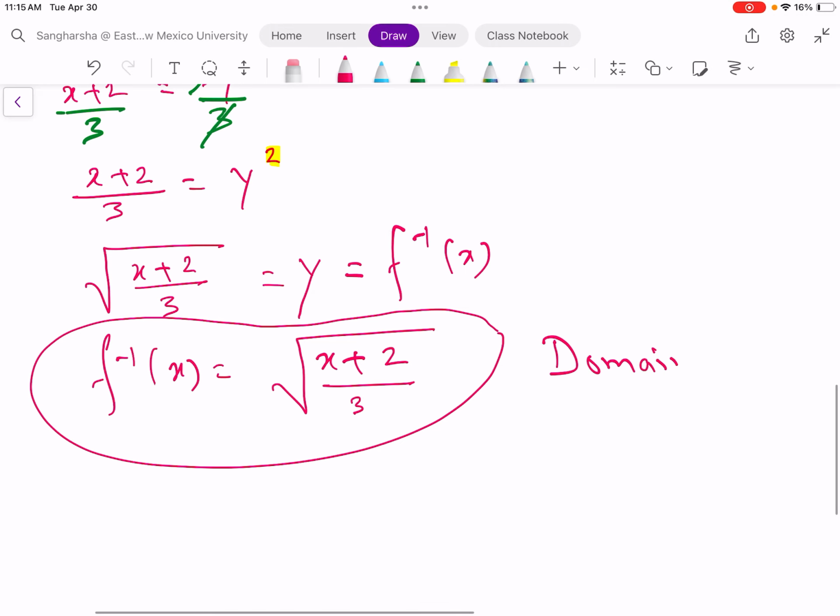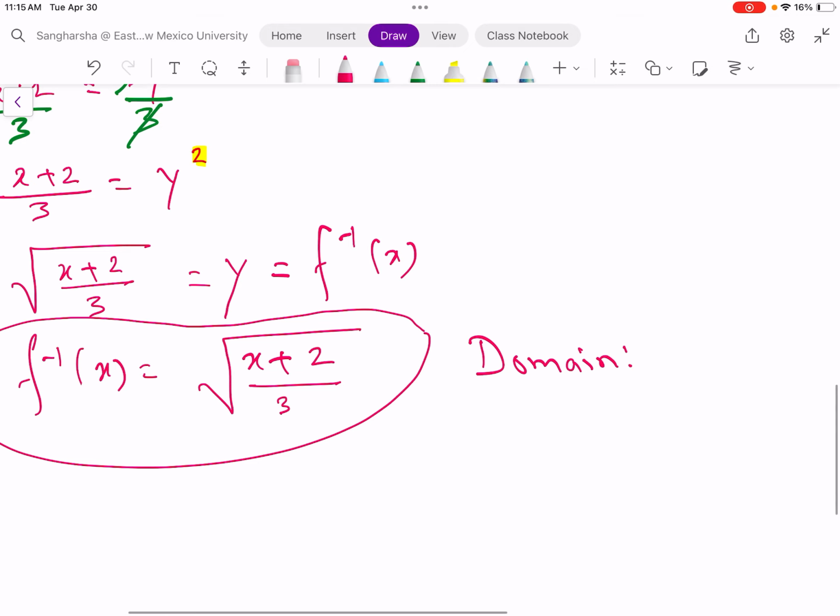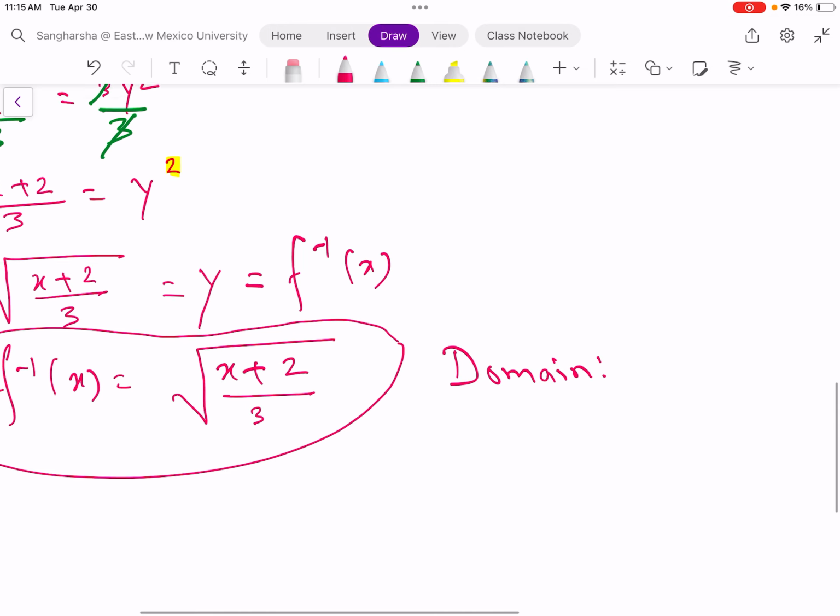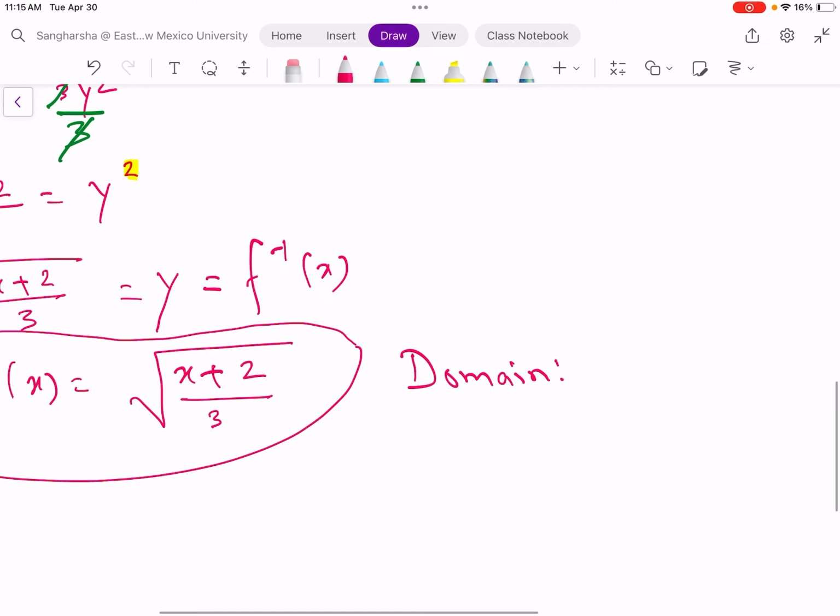Finding the domain means we are looking for x so that we get a positive number inside the radical sign. If we have a square root function, to find the domain, we write whatever we have inside the radical sign, x plus 2 over 3, and set it greater than or equal to 0.